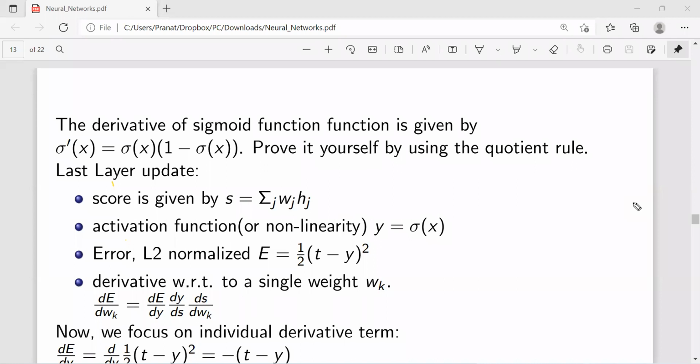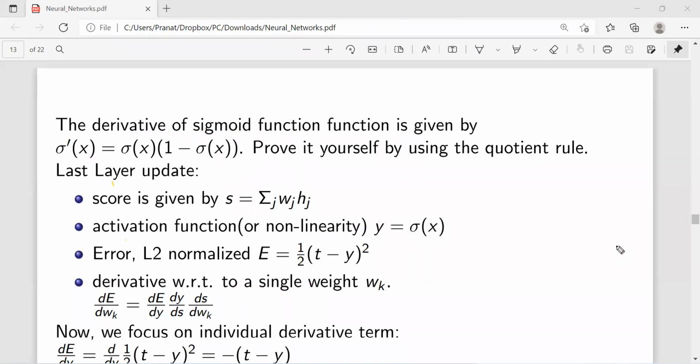Then we calculate the L2 normalized error. Let's suppose T was the correct value, which is 1.0 in our case, and Y is the value that we got, which is 0.76. We calculate T minus Y, which is 0.13, and we basically calculate its mean square error.